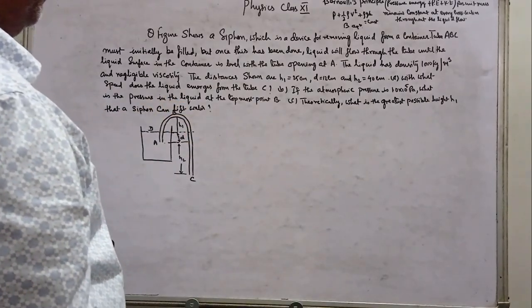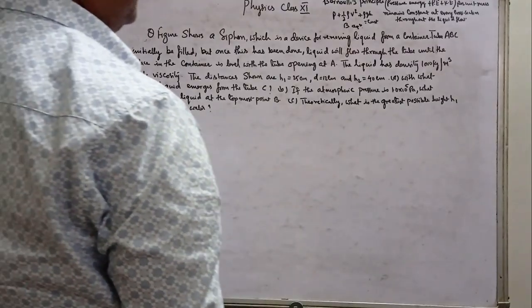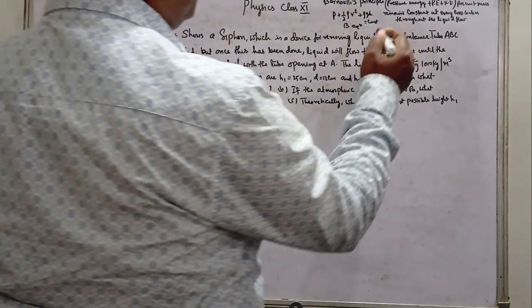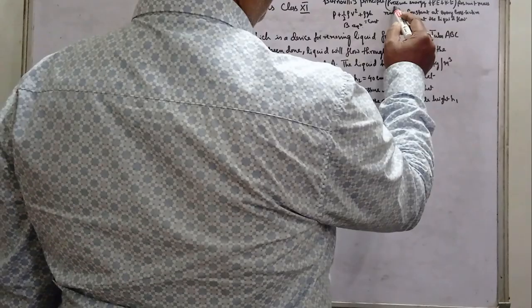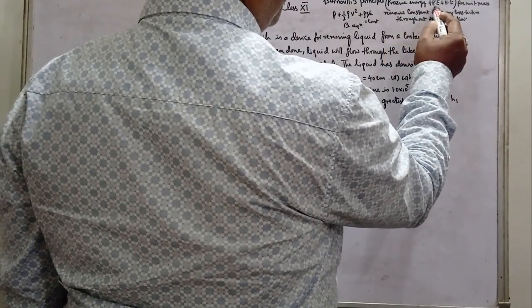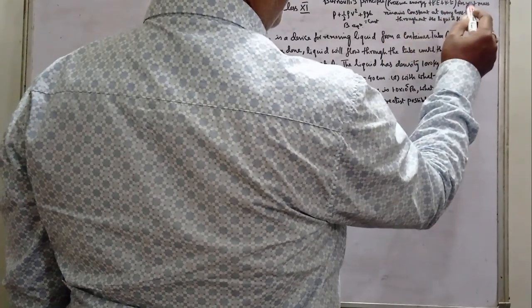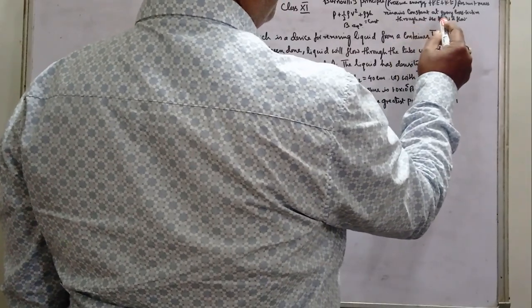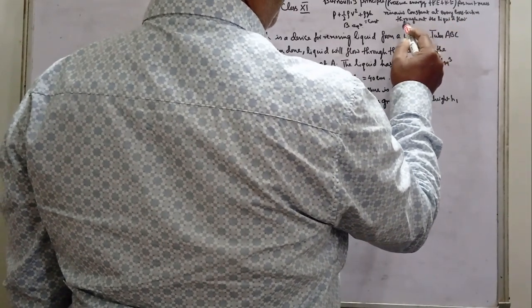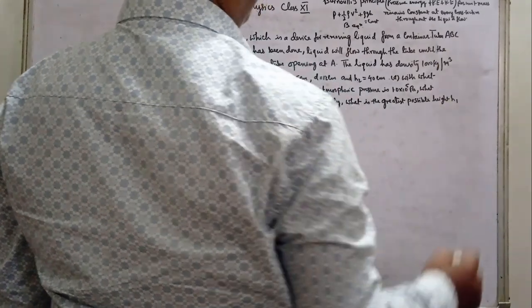So here we are going to use Bernoulli's principle. According to Bernoulli's principle, pressure energy, potential energy, and kinetic energy per unit mass remain constant at every cross section throughout the liquid flow.